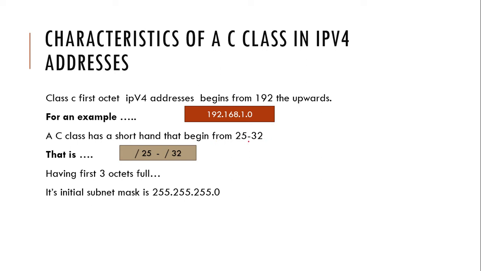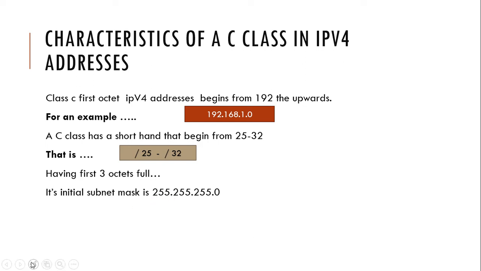Okay, a class C has a shorthand that begins from /24, that is /24 to /32, having first 3 octets full. Each octet consists of 8 bits. Then all of those bits are active in its first 3 octets.